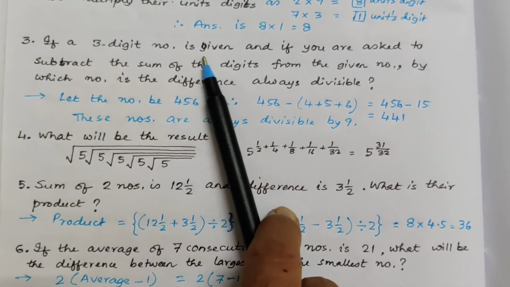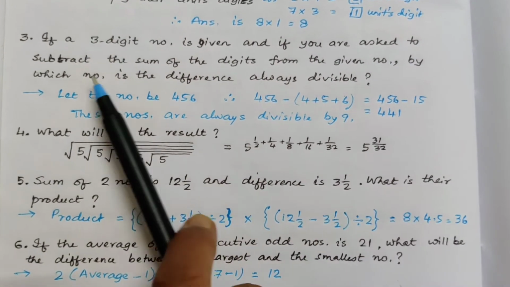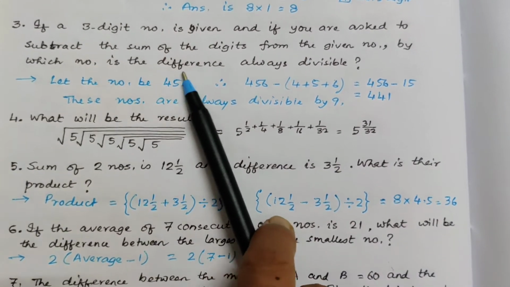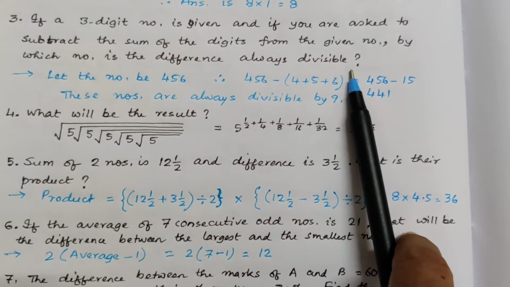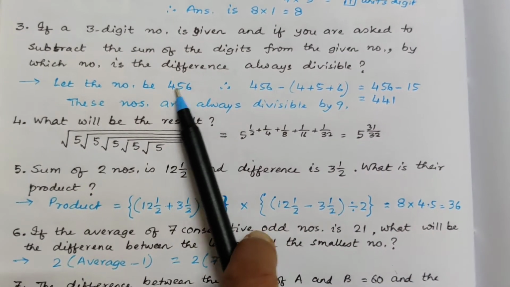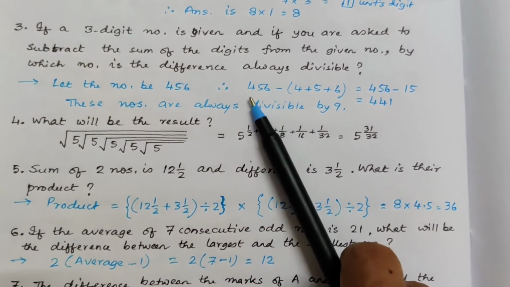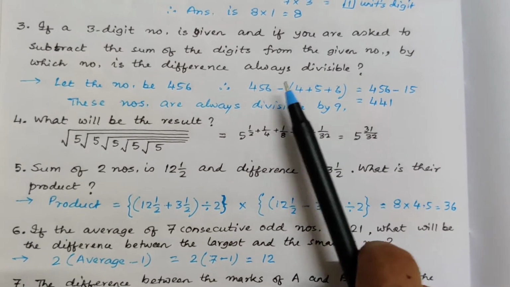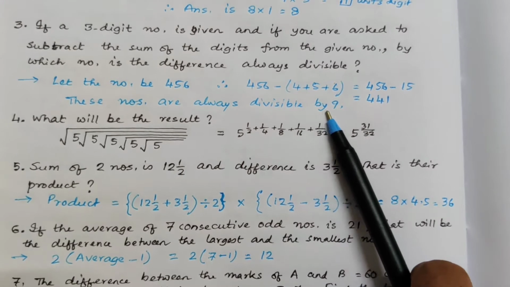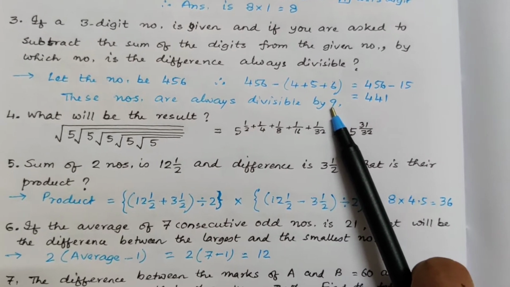If a 3-digit number is given and you are asked to subtract the sum of the digits from the given number, by which number is the difference always divisible? Remember that. If you subtract the sum of the digits from a 3-digit number, the result is always divisible by 9.